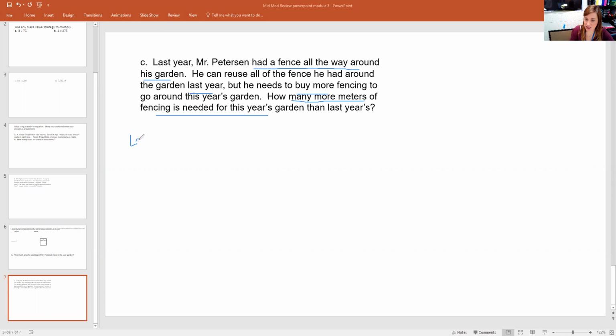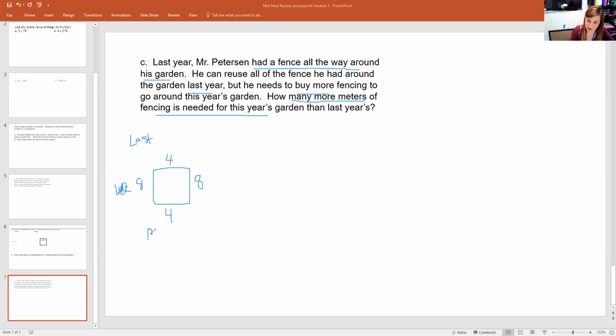So we have last year, and we just figured out on last year's, we had 8 and 4. So if we know that this side is 8, we know this side is 8. And if we know this side is 4, we know this side is 4 when we're talking about perimeter.